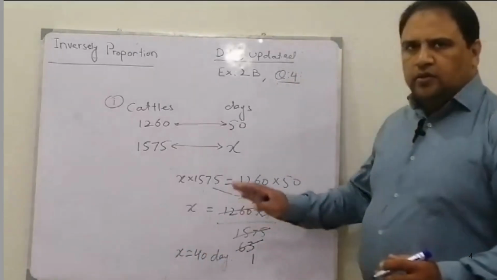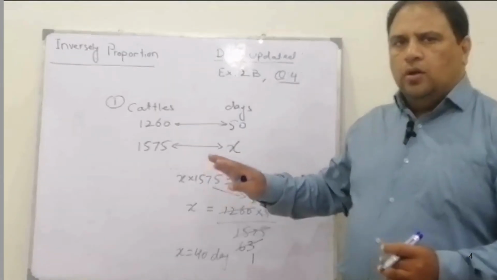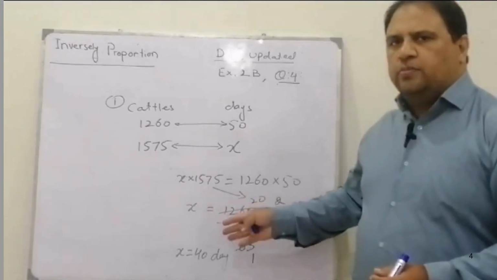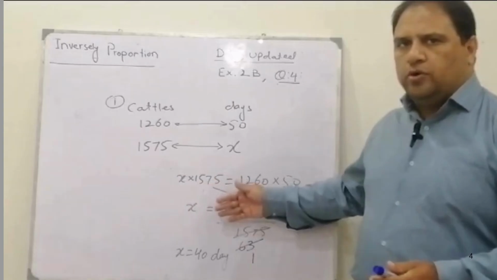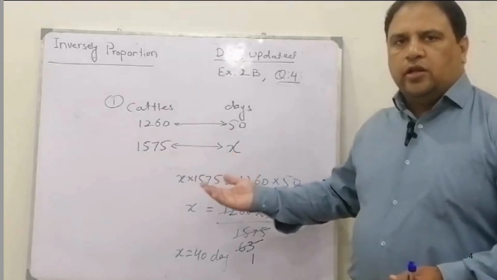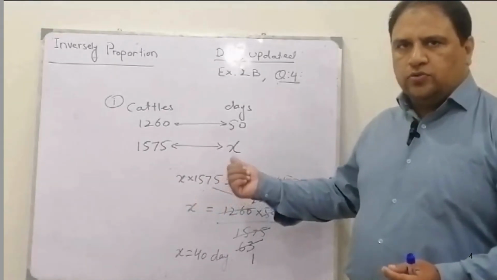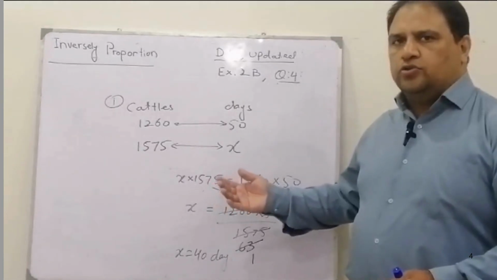I have done this because those people who have good mental math can do the cancellation by themselves. Otherwise, you can start the cancellation from the smaller number, or for such questions, mostly the calculator is allowed, because these questions come in the subjective part. So you can use the calculator and solve the sum.